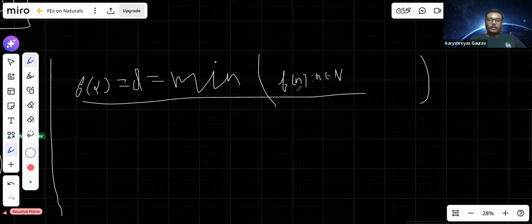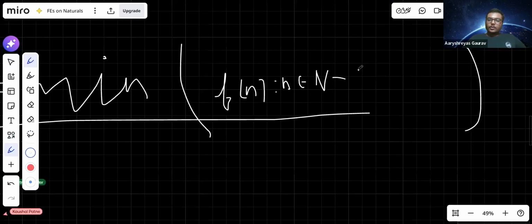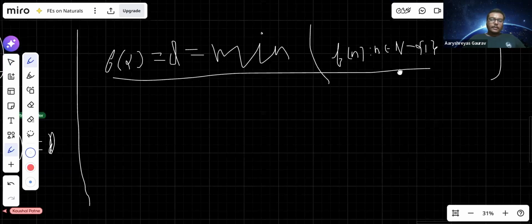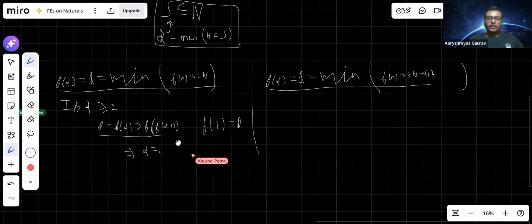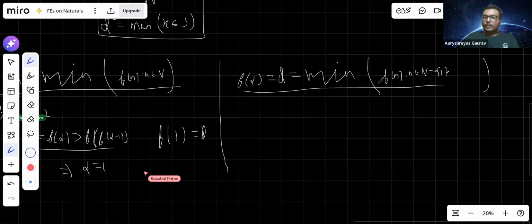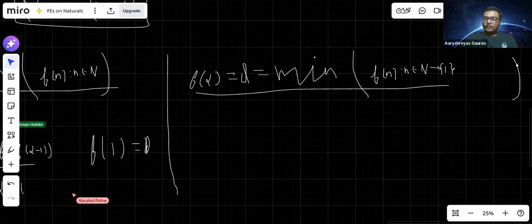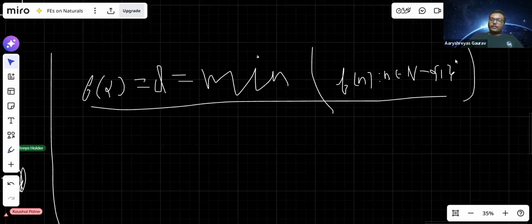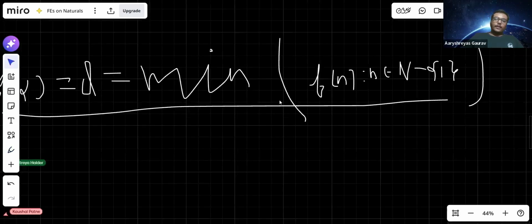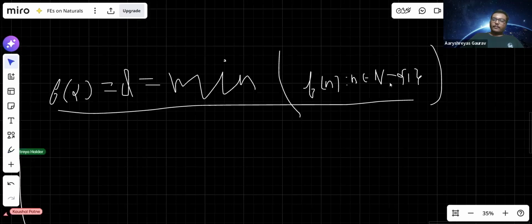At this point, I will be talking about all of n excluding 1, because we have already found that in all natural numbers f of 1 is minimum. What would happen if we are trying to find the minimum where f of 1 is not included?